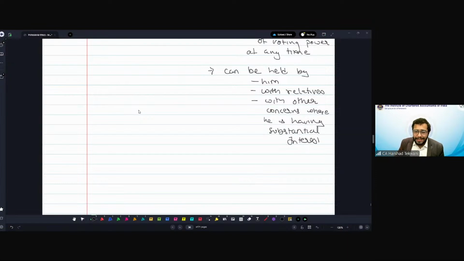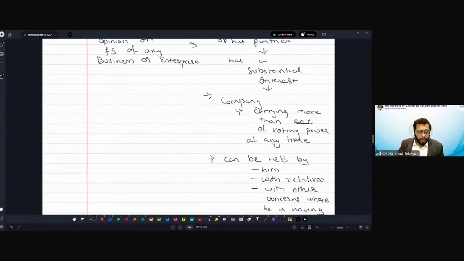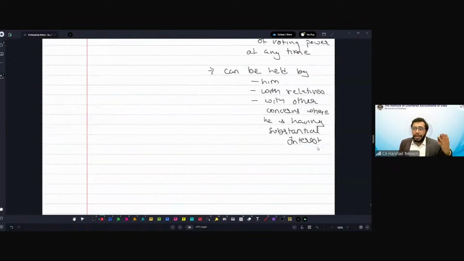It is not necessary that he should be holding that 20% directly. He can hold that 20% indirectly with his relatives or through a company or a concern in which he is having substantial interest. So if he is having more than 20% of voting power at any point in time, it is said that he is having substantial interest in that particular concern.